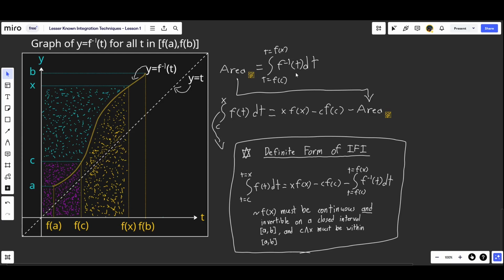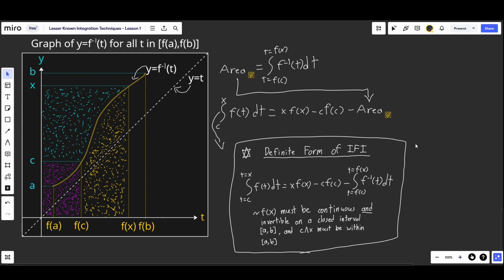We know this definite integral of the inverse of f of t is valid because we have shown previously that if f of t is continuous and invertible on a closed interval a to b, it has an inverse that is also continuous and therefore has an antiderivative on the closed interval f of a to f of b.